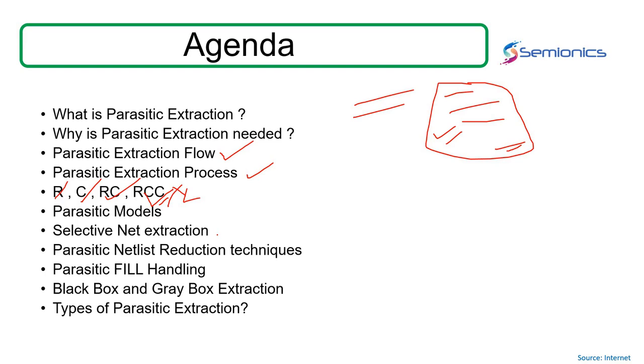In some scenarios, you will have to do a selective net parasitic extraction. So what is that? We'll try and understand. Many times for a larger design, if you want to run a parasitic extraction, the file size would go into GBs, tens of GBs. So it becomes very difficult for the simulator engine to handle such a huge text file.